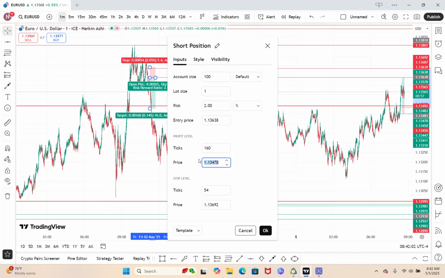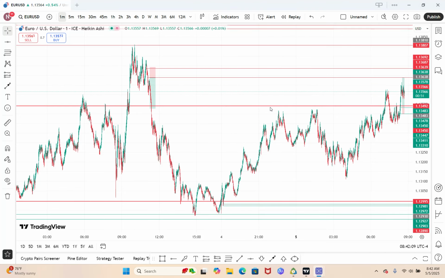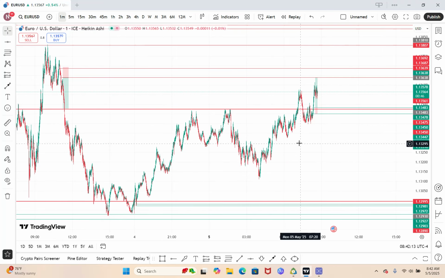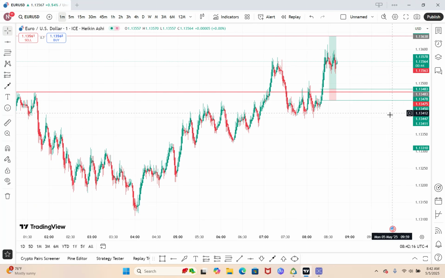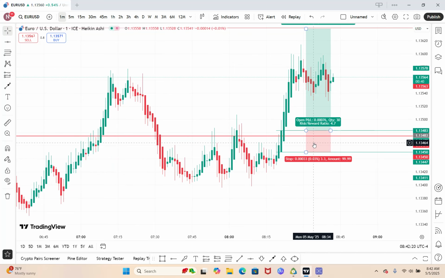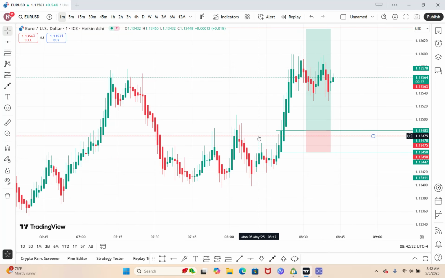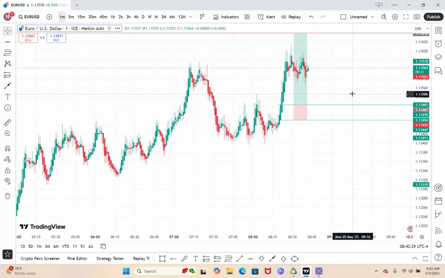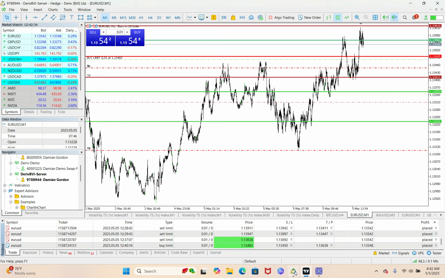So take profit right here. This would take us right into our buy trade. So we're moving from sell to buy and buy to sell. So set our take profit.